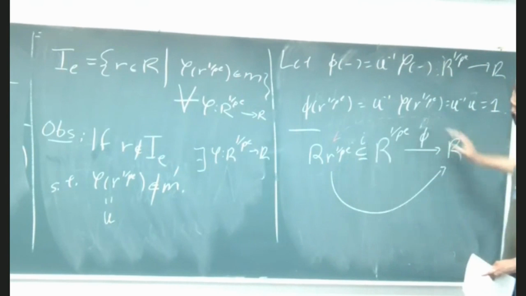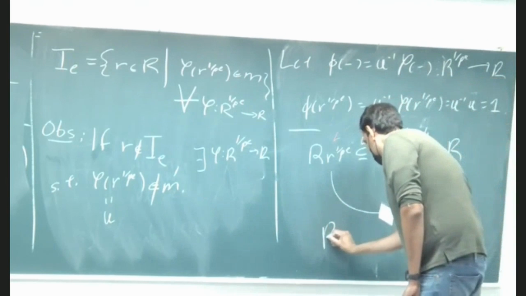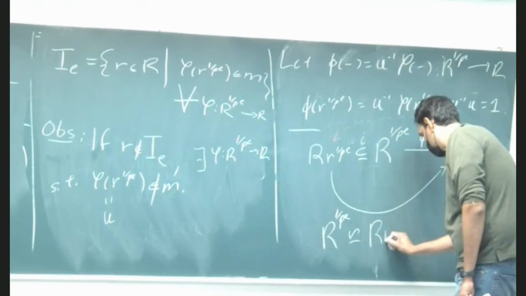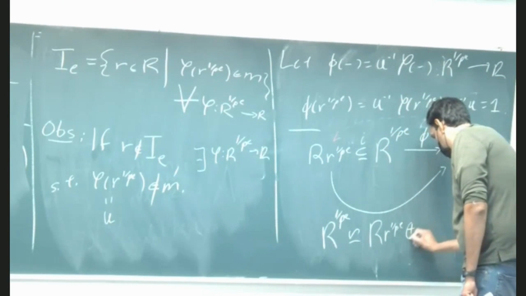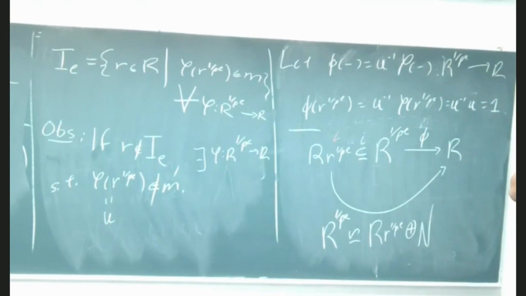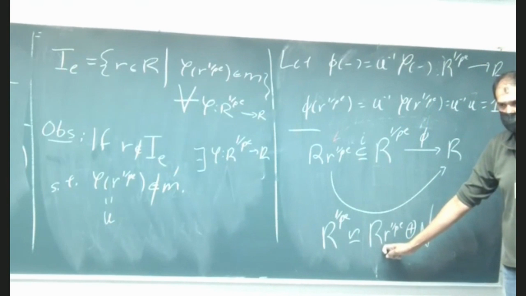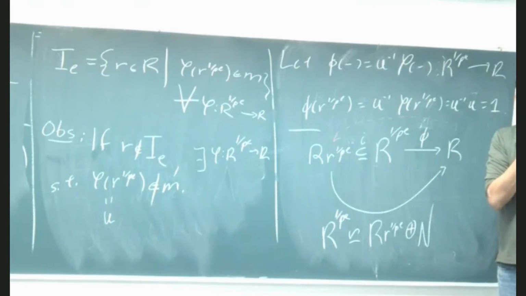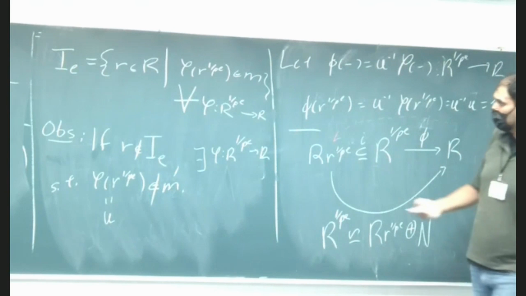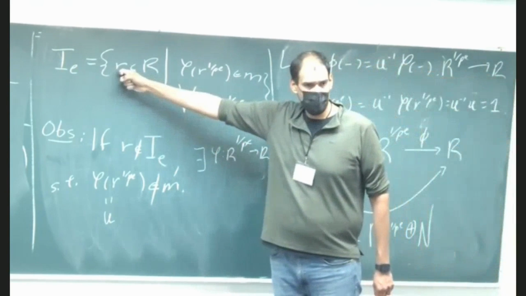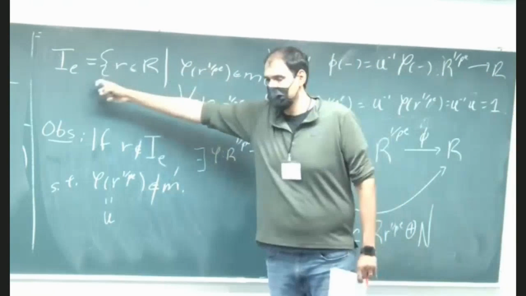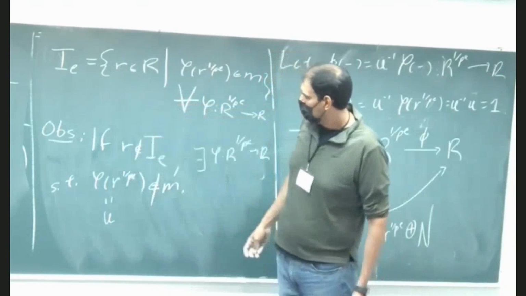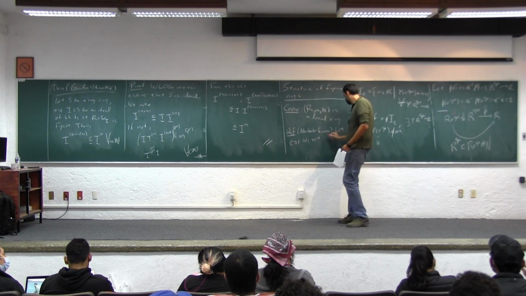So what this diagram is telling us is that R^(1/p^e) is isomorphic to R times r^(1/p^e) plus something. In the past, we had it with 1. To be pure, this has to happen for 1. And we know that happens. 1 is never going to be here, because R is pure.